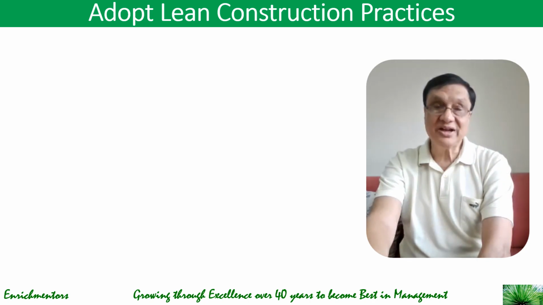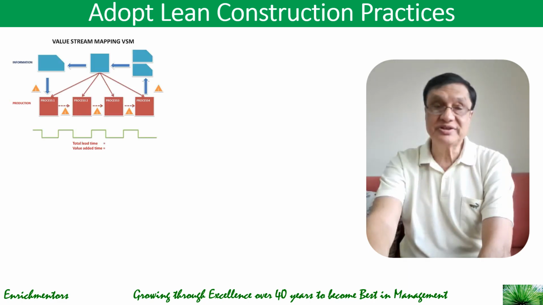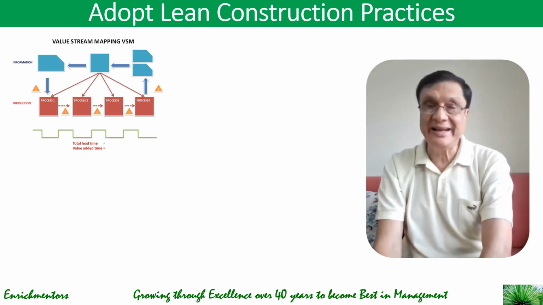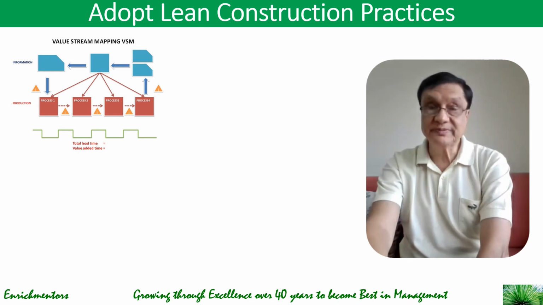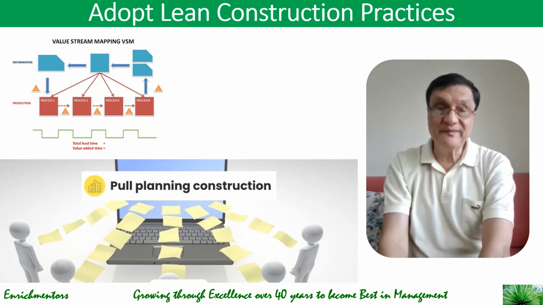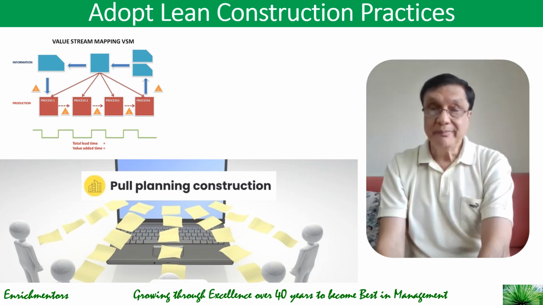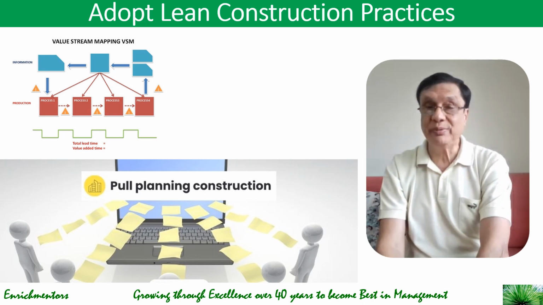A few more that you can keep in mind are value stream mapping, in which you identify and eliminate non-value-added activities in the workflows. Then pull planning, which we have talked about earlier: you base resource allocation on actual demand rather than assumptions and projections.